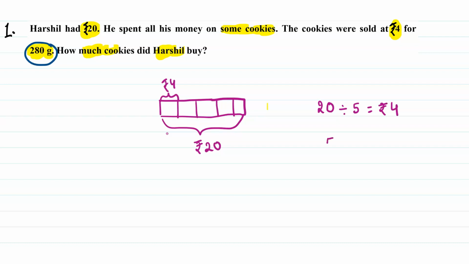That means 5 packs of 4 can be bought with rupees 20. Each pack is 280 grams, so we can say 5 times 280, which is equal to 1400 grams.